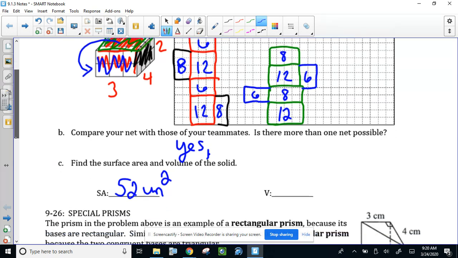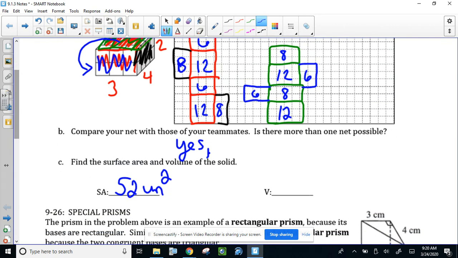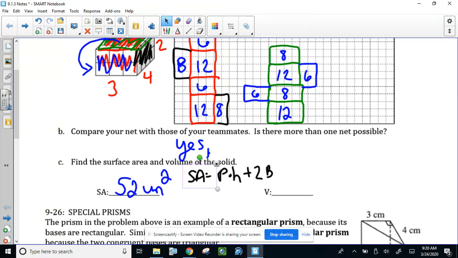The way we could do it using our formula, we said our formula last time. The surface area is equal to the perimeter of the base times the height of the solid plus the two base areas. So if we were to look at the numbers in here, our perimeter, if we went around, 3 plus 4, there would be another 3 in the back and another 4 on the side.